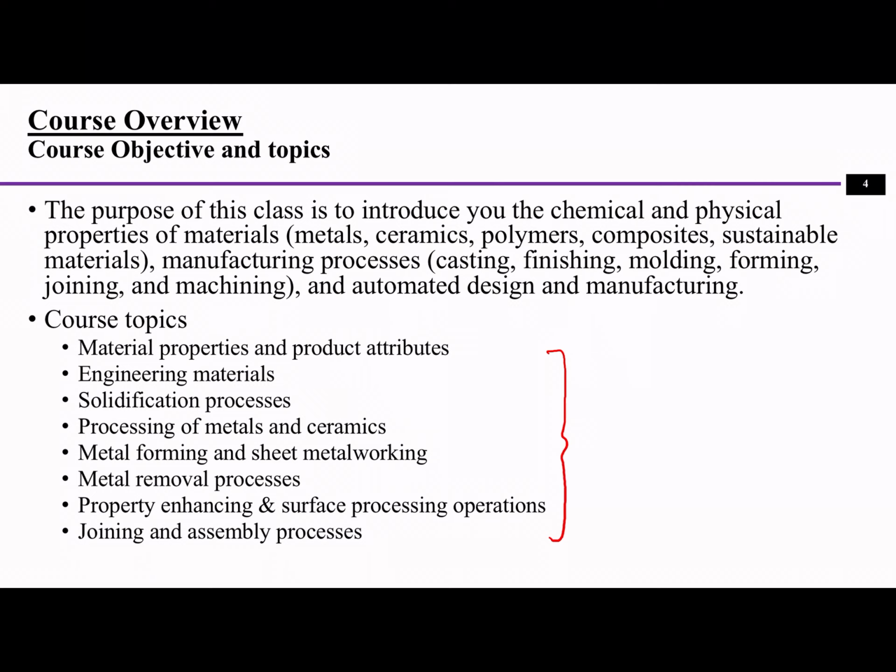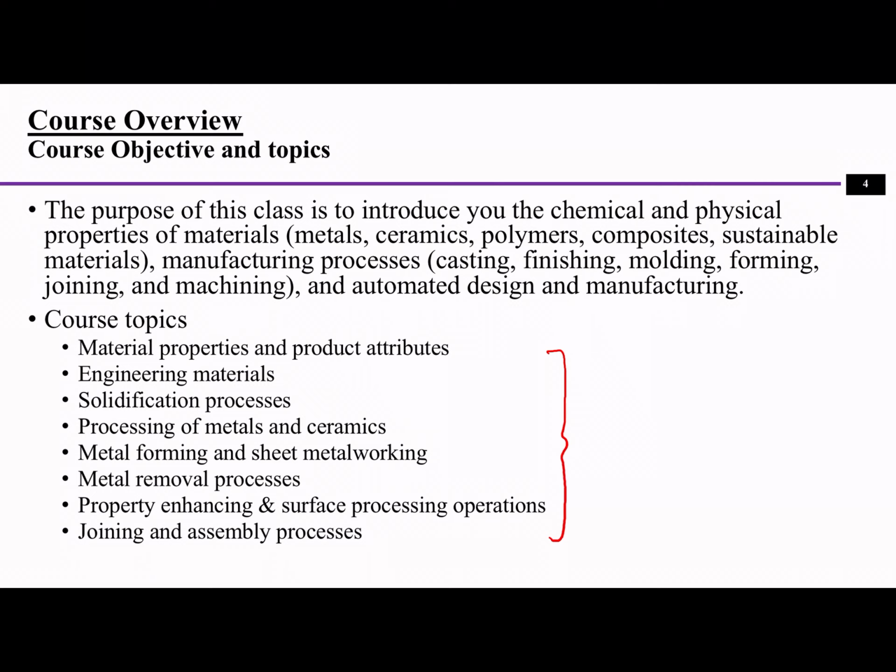solidification processes like casting and injection molding, processing of metals and ceramics, so how metals, metal sheets and metal forms are made, and also metal forming and sheet metal working. Metal removal processes are mainly about machining, cutting, turning, and drilling.